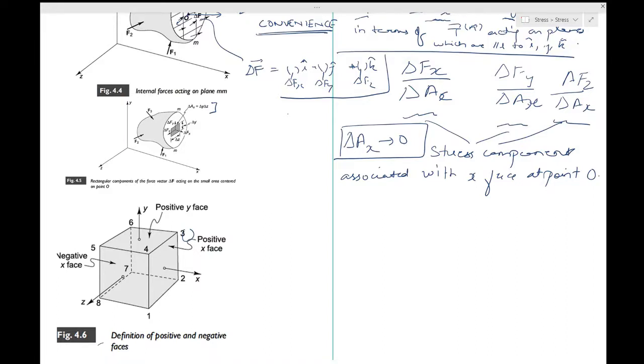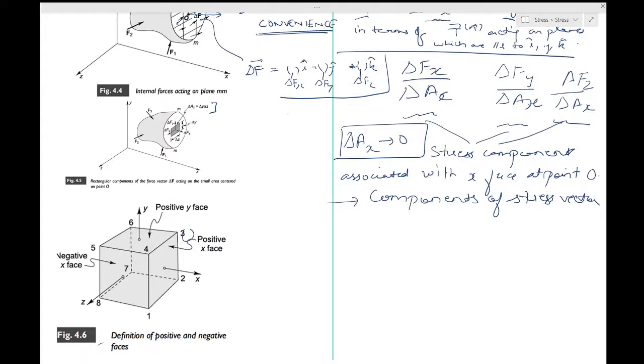Okay. So these are the stress components associated with the X face at point O, and they are called the components of the stress vector acting on the X face at the point O. Again, I am not writing it, but that's what is implicit in it.